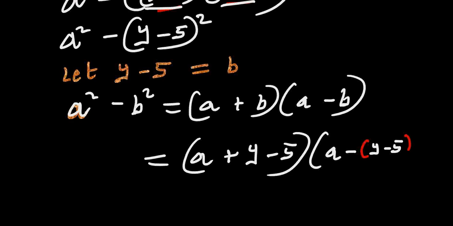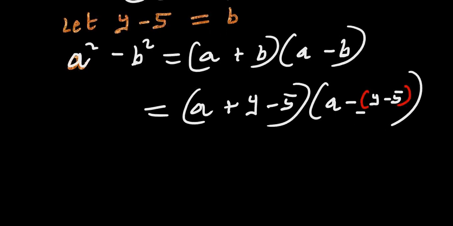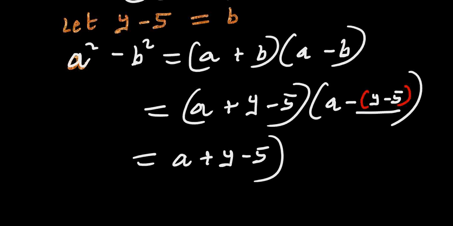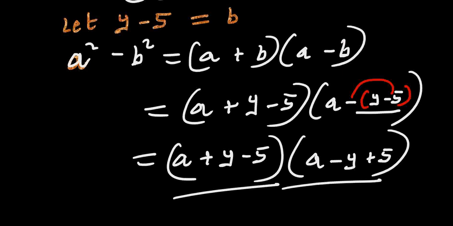Good. If we clear this inner parenthesis, then we are going to have a plus y minus 5. Negative times y gives negative y, and negative times this negative will give you positive 5. So this is the final answer to this question.